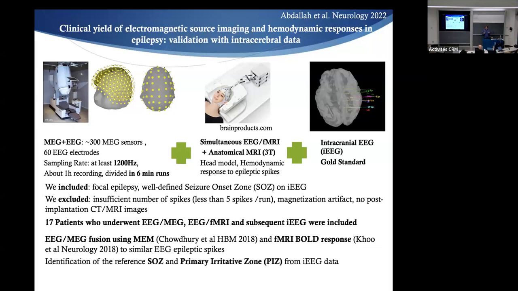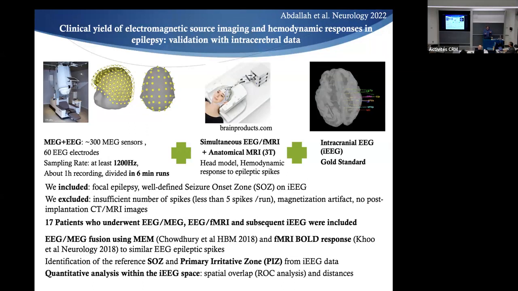And then our gold standard was the intracranial EEG implantations. And there, Dr. Abdallah, our epileptologist, defined visually where is the seizure-onset zone, which is the area where the seizure is starting and propagates early, and where is also what we call the primary irritative zone, which is where the spikes, those little discharges, are generated. So those two regions might overlap, but they are not strictly the same.